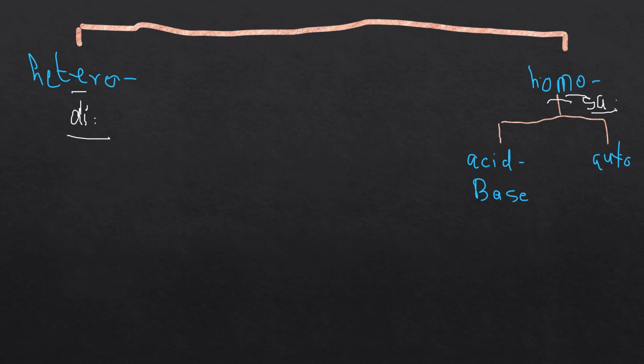Phase means the state, whether it is an aqueous solution, solid, gas, liquid or vapors. It depends on the state. So basically in the heterogeneous there are different phases of the catalyst and the reactant.